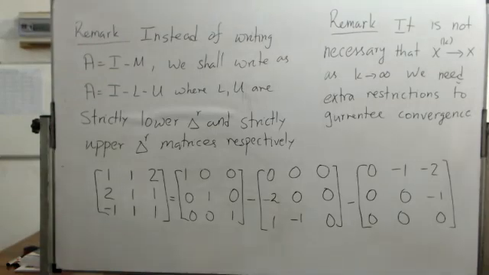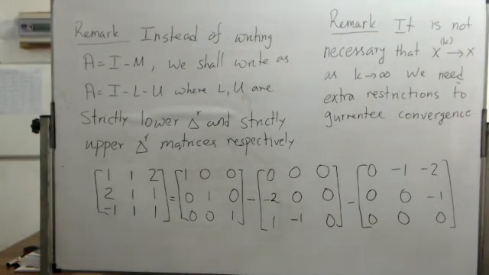This is another way of writing A. Instead of writing I minus M, you can always write A as I minus L minus U. Like always, the first step is you divide by diagonal terms. That is not a big deal. If required, you divide by 1. Otherwise, you divide by the corresponding diagonal term. That is obvious. So now you can write A as I minus L minus U.